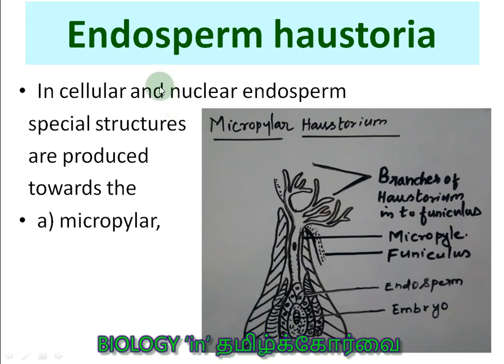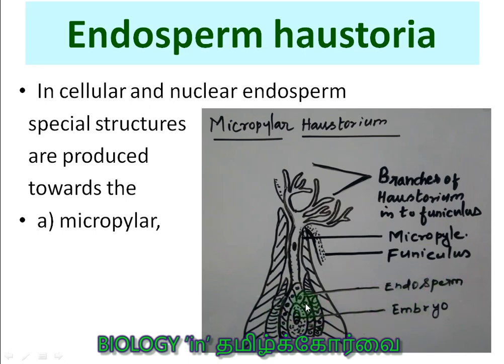Now it continues in cellular and nuclear endosperm. In cellular and nuclear endosperm, special structures are produced towards the micropylar end. So this is the micropyle of the ovule, through which the pollen tube actually entered. Now after fertilization, the pollen tube totally disappeared. You see, this is the endosperm, this is the embryo.